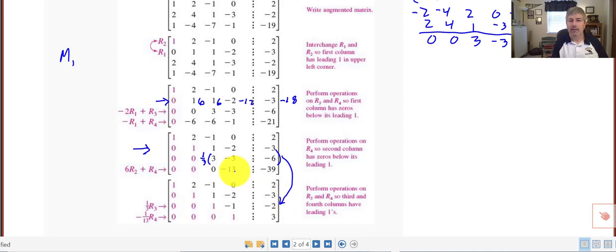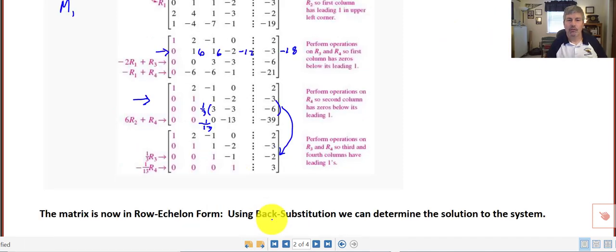And in the bottom row, row 4, we have -13 and -39. So we're going to multiply all that by -1/13, and we get 1 and 3. So now we've got a really nice matrix here that is in row echelon form.